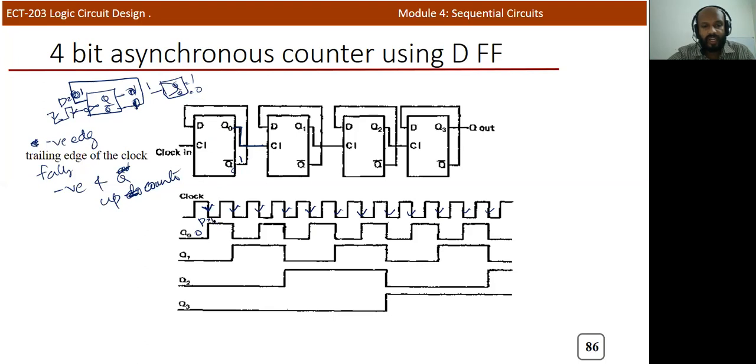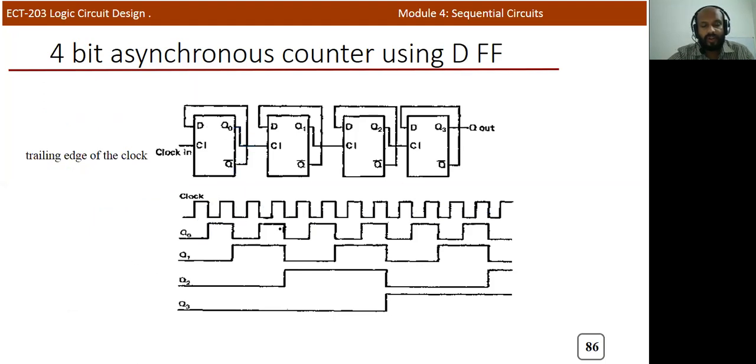If the D input is 1, after this particular instant the output is equal to 1. During the next clock cycle, when D is equal to 1 and you apply the clock signal, here it is 1 and here it becomes 0. So again it will change. In this way it will operate, and likewise for the next stages Q1 and Q2.